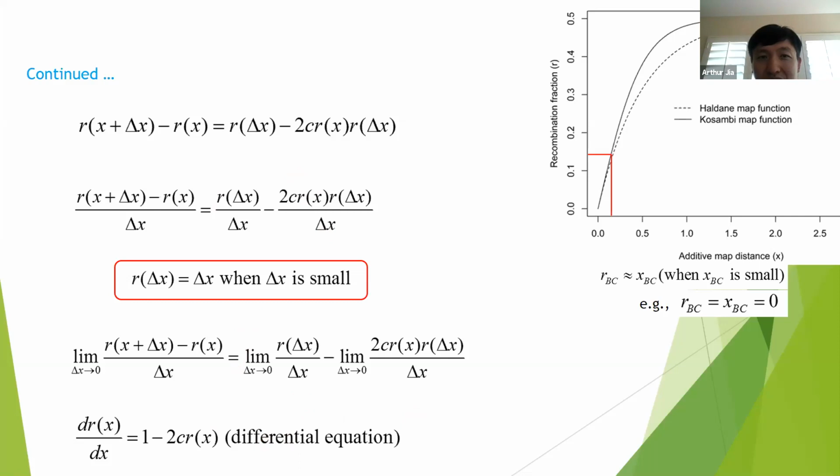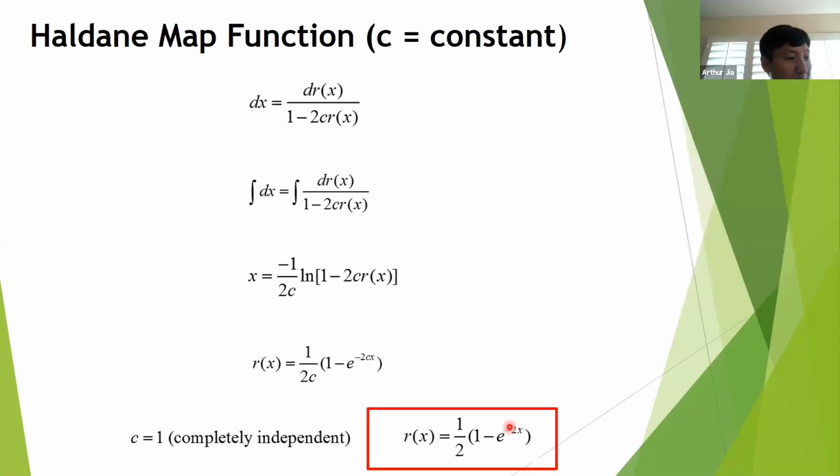Now using some algebra, we end up with this differential equation. Okay, so this is what we have, and we do the integral here, and finally we got this. We try to find the relationship between X and Rx. So this is the map function.